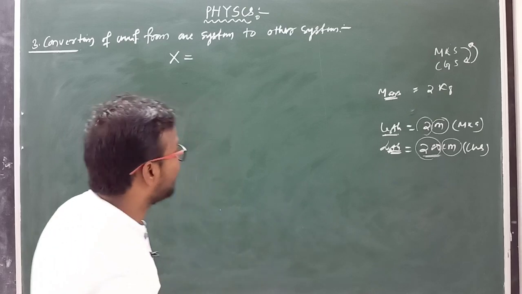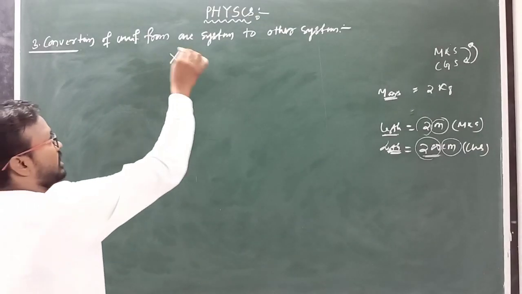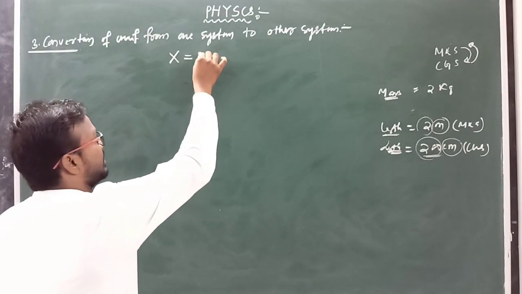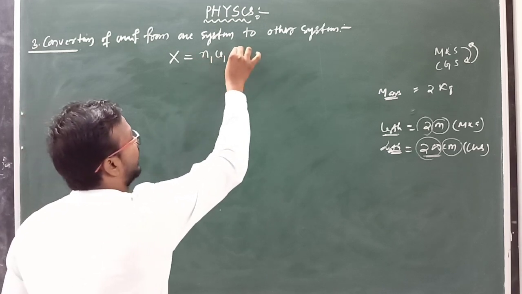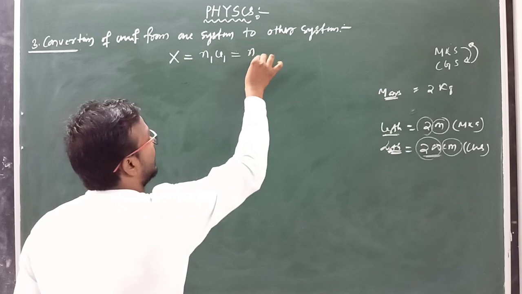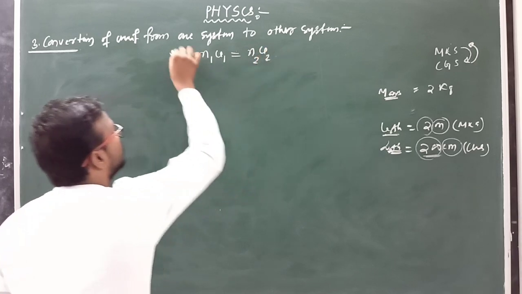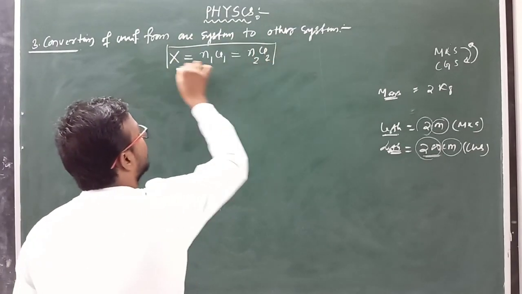Clear? So first there is a physical quantity X, and we already have the relation N1 U1 equal to N2 U2. So what is N1 U1?